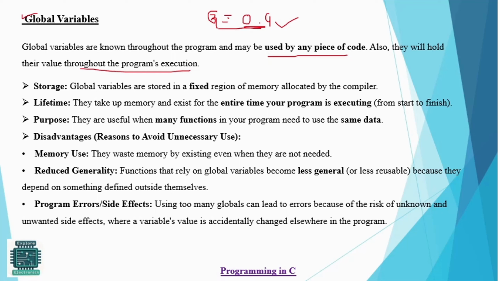When it comes to storage, they are stored in a fixed region of memory allocated by the compiler, and their lifetime, as I said, is the entire program, from start to finish. What is the purpose of using global variables? They are useful when many functions in your program need to use the same data.